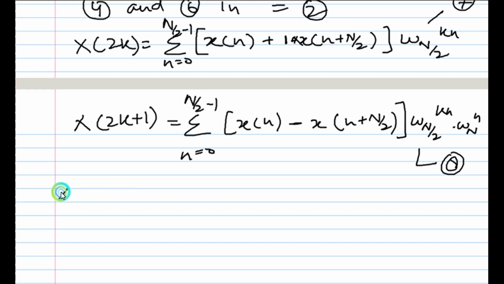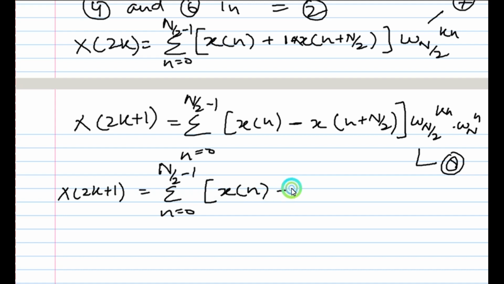So I can write this x of 2k plus 1 as summation n running from 0 to n by 2 minus 1 of x of n minus x of n plus n by 2.